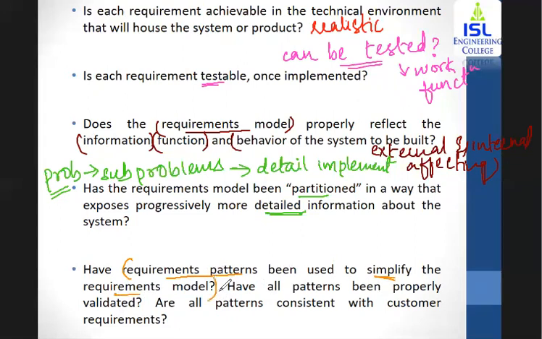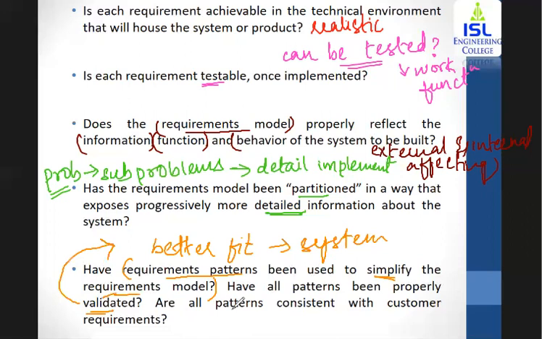Now, when you've identified that, the next question is, have all patterns been properly validated? If you're making use of one specific pattern in a particular room, say a pattern that requires a window within the room, and your room does not have a window, then it does not fit. So you're going to validate whether this pattern is a better fit for your system or not.